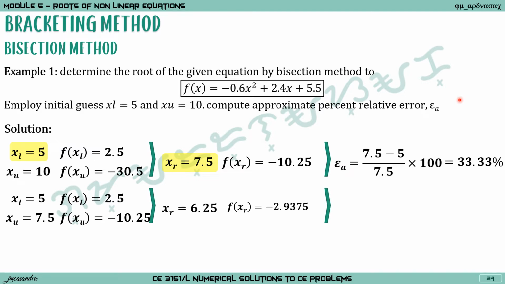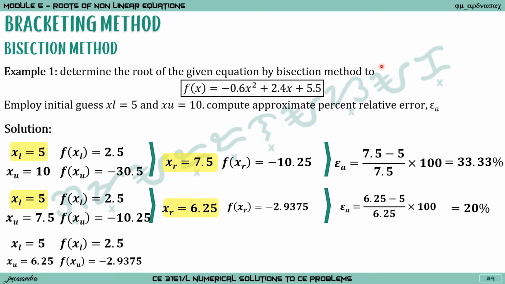Okay, so next, we solve for our error, which is now XR minus XL all over XR, will give us 20%. We still have a very high relative error, so we continue with our next iterations. So using our new limits, lower is 5, upper is 6.25.